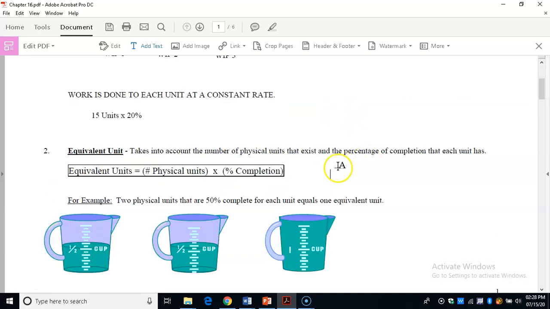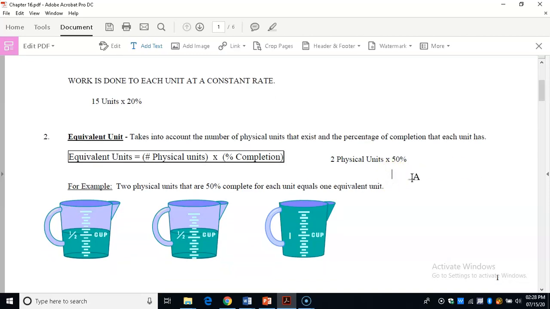Okay, so I'll write this here. So we have 2 physical units, and each one is 50% complete. So in that case, how many completed units do I have?